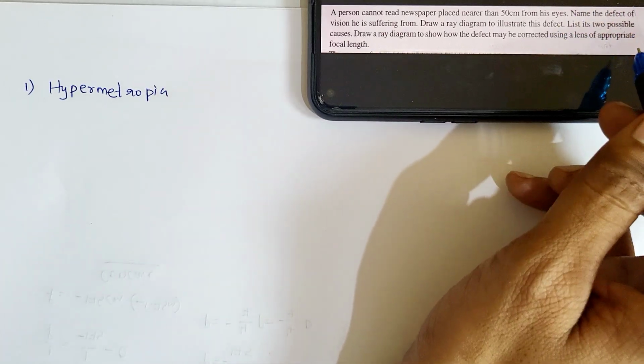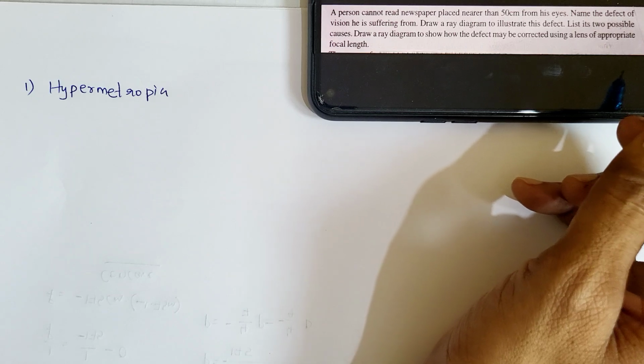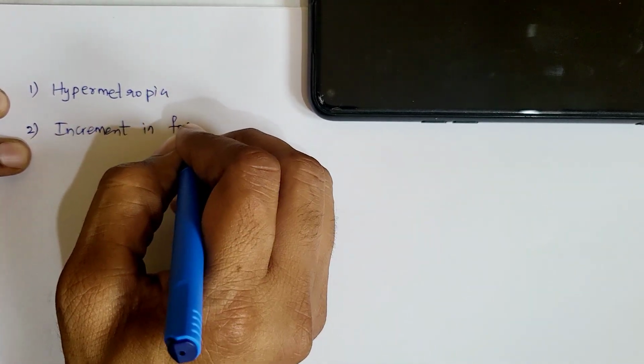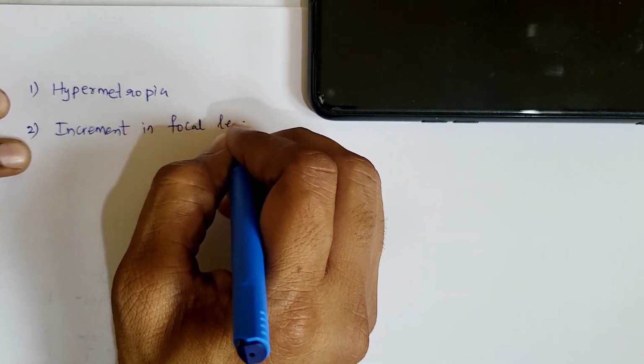List two possible causes. What are the causes of hypermetropia? First cause will be increment in focal length.